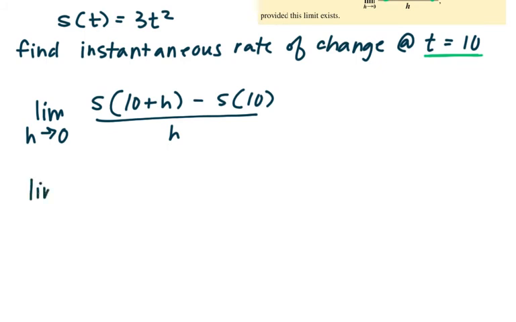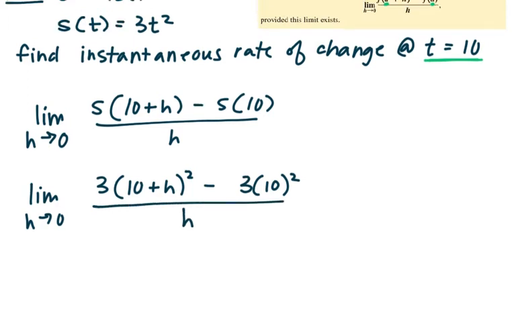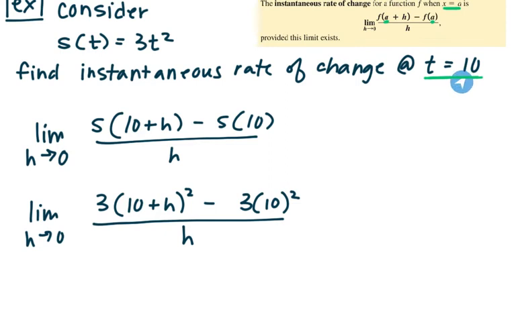So we have the limit as h approaches 0, s of 10 plus h, that's 3 times the quantity 10 plus h squared, minus 3 times 10 squared, all divided by h. So when I plug 10 and 10 plus h in for t, I get these two different expressions in the numerator, all of which is divided by h.